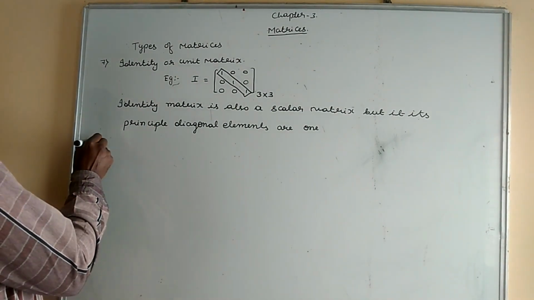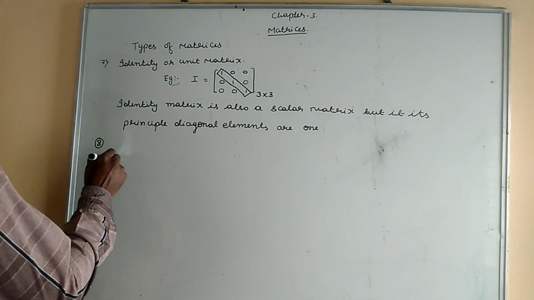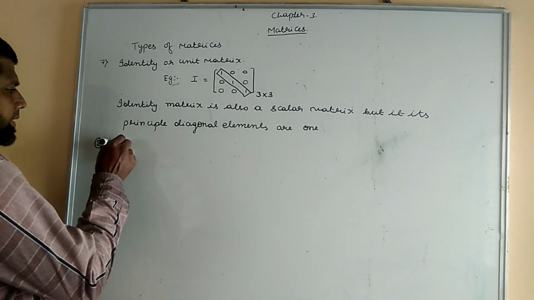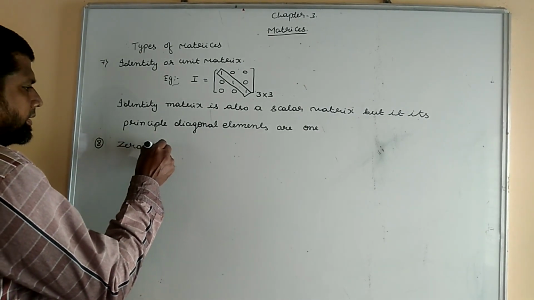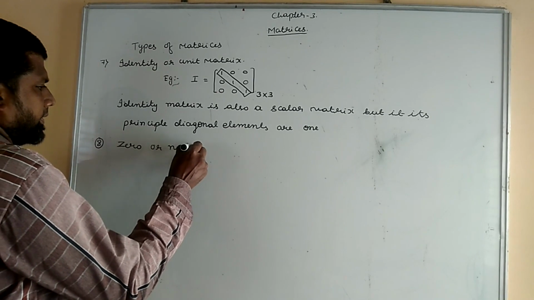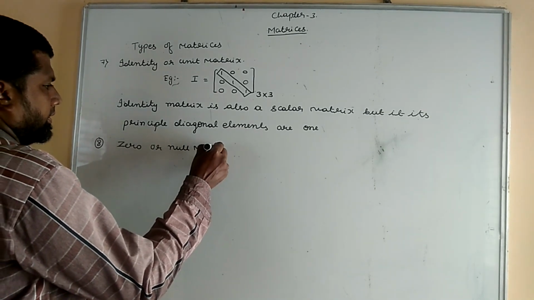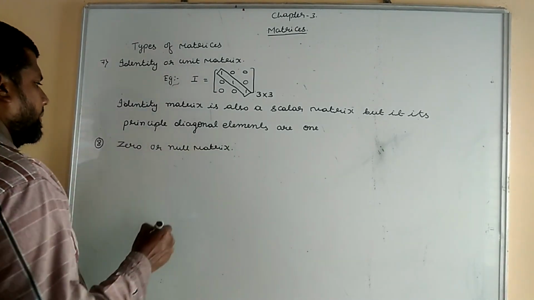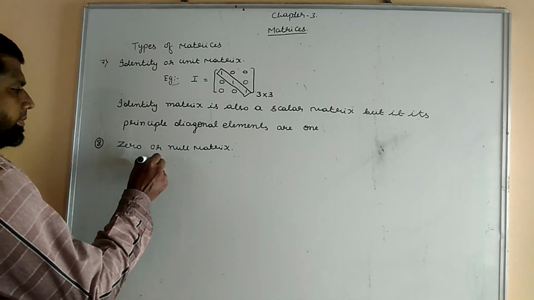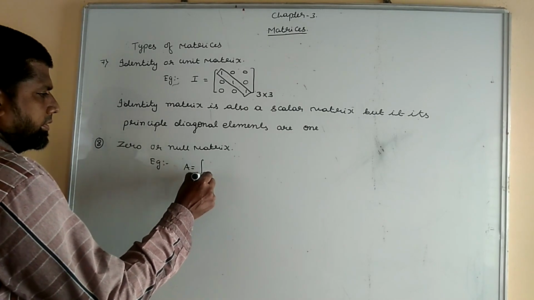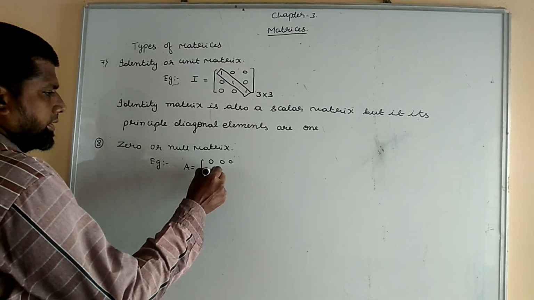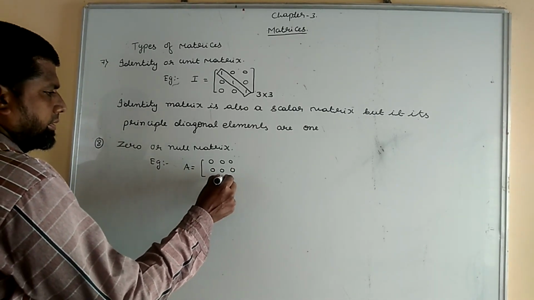Let us go for the next one, the 8th one: zero matrix, or null matrix. Example: A is equal to 0 0 0, 0 0 0, 0 0 0.